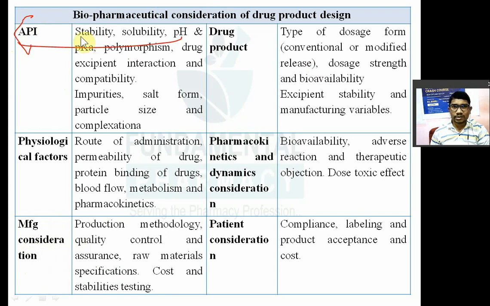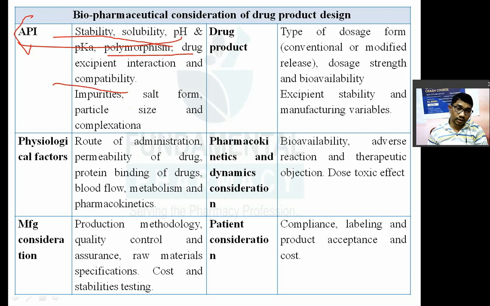So you have to take consideration, you have to take stability of API into consideration, then solubility, then pH, pKa, polymorphism, drug excipient interaction, and drug excipient compatibility.